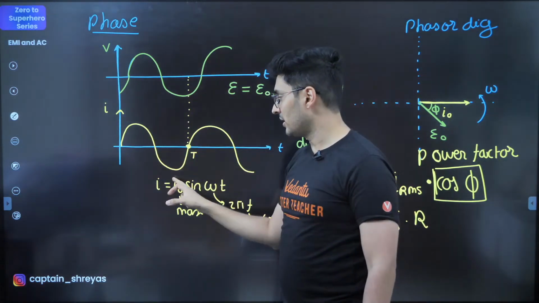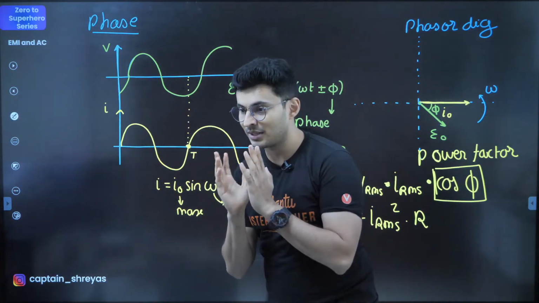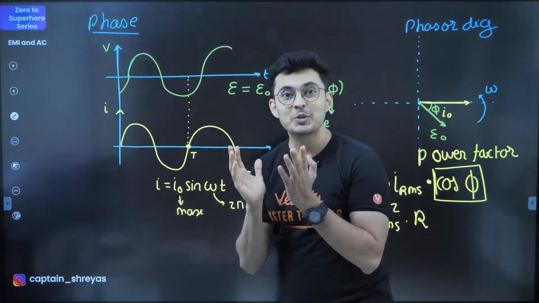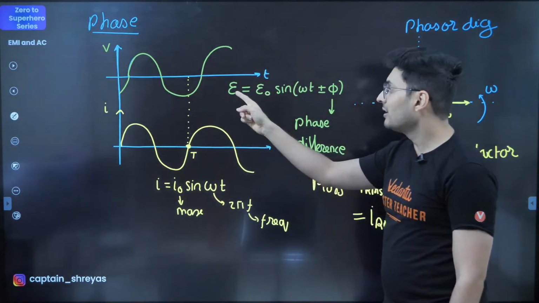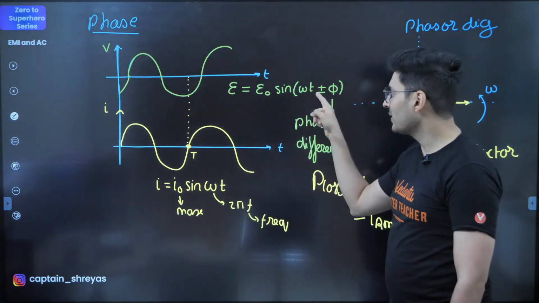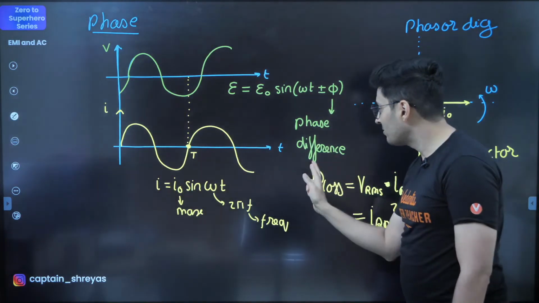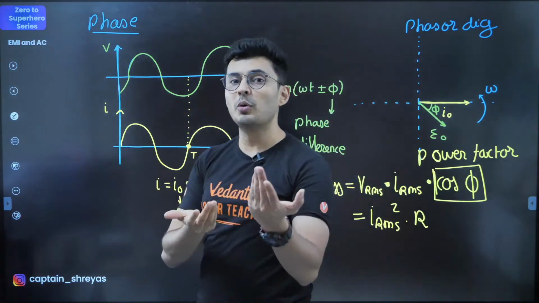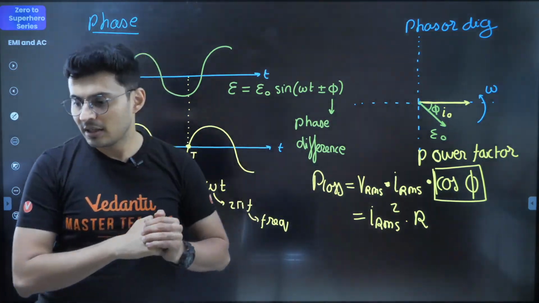When there is a trough here, there is no trough. They are not in sync. So basically there is something called a phase difference. That's why in the EMF equation, E naught is the max value, sine omega t is there, but there is plus or minus phi, because there will be something called a phase difference, which you know from the waves chapter, like two waves which are not in sync.